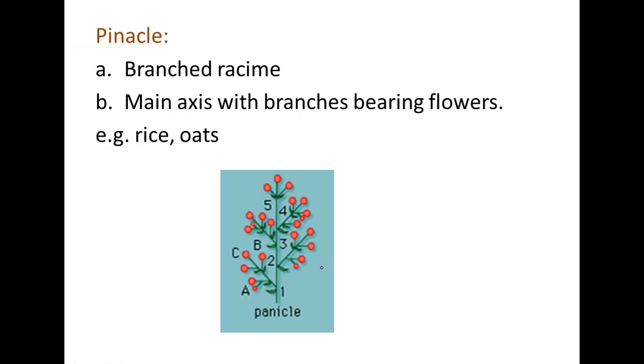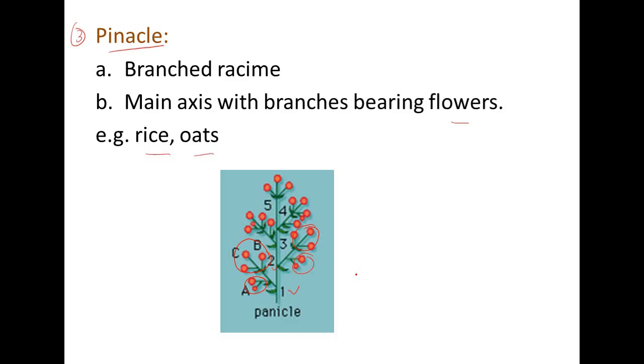Now come to the next one, the panicle. This is the panicle kind of racemose inflorescence, a branched raceme. Every axis is again branched. This is 1, this is 2, like this. The main axis has branches bearing flowers, like rice and oats.